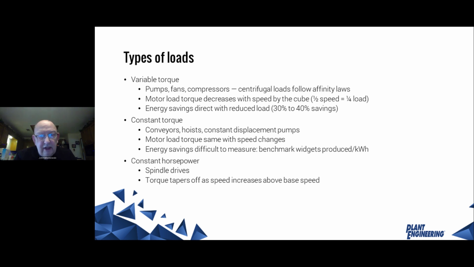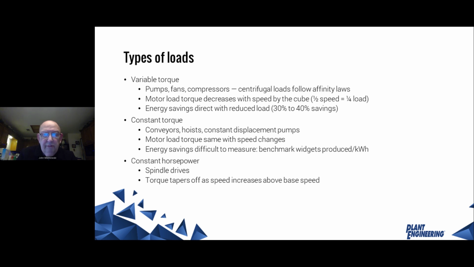Energy savings is directly reduced with reduced load. So in this case, with a variable torque load, one can expect 30 to 40% energy savings when used with this. A constant load is like a conveyor or a hoist or a constant displacement pump.